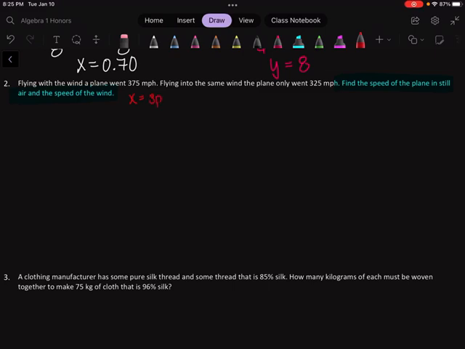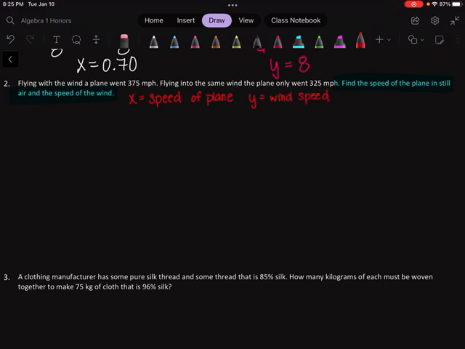So X is the speed of the plane, and then Y is the speed of the wind. So you could say plane speed, wind speed.